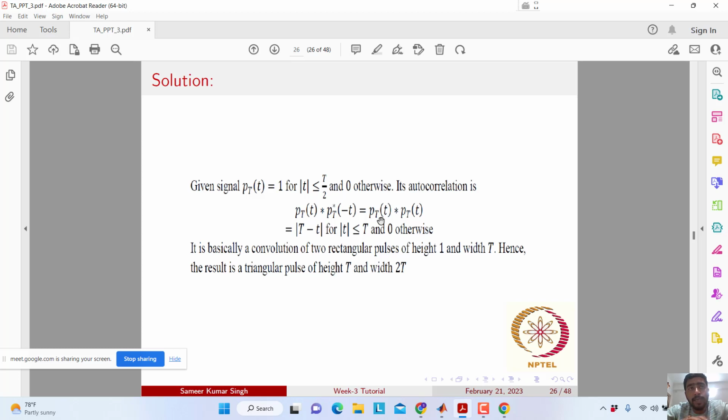We have to convolve two similar rect pulses, and in that case we get the output mod T minus small t.